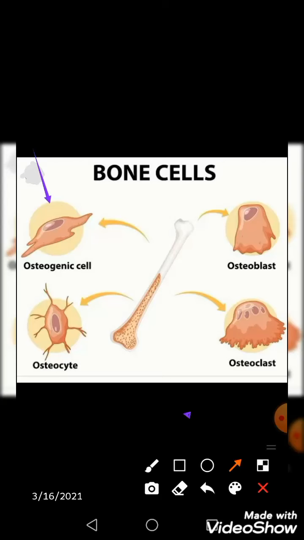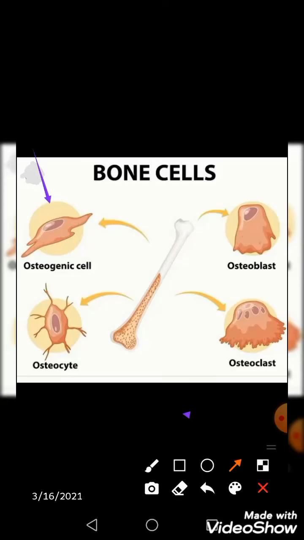And what else is there? Its electron microscopic structure shows that it consists of a small Golgi apparatus. Few rough endoplasmic reticulum are there, but so many free ribosomes are inside. So the cytoplasm is, you can see, faintly basophilic.